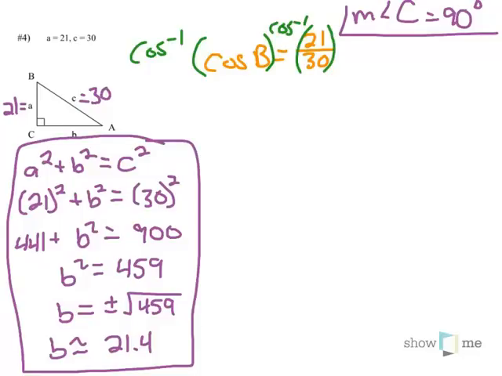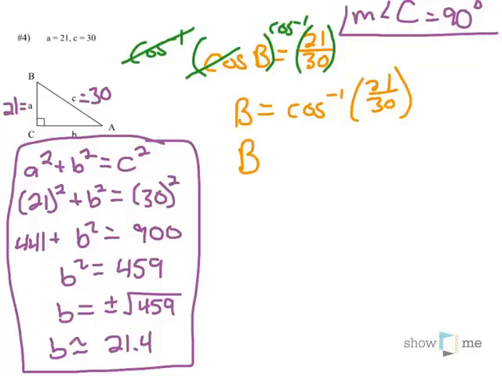So on the left, we just have B. On the right, we have cosine inverse of 21 over 30. Put that in your calculator. You get B is 45 degrees, 34 minutes.